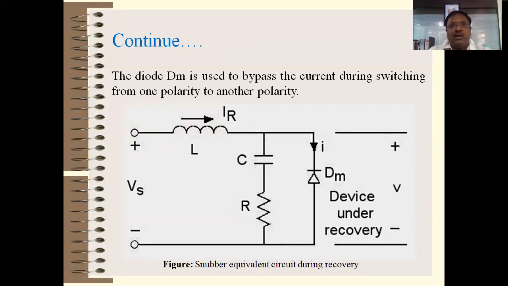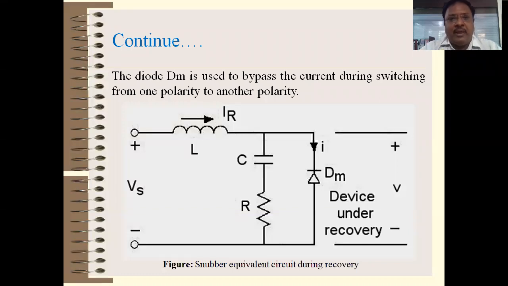As we already told you, normally a diode is connected anti-parallel or parallel to the SCR to protect your device from any reverse voltage when it switches from on to off or from off to on. Normally the diode, called a freewheeling diode, is always connected in a circuit if you are using an inductive load.